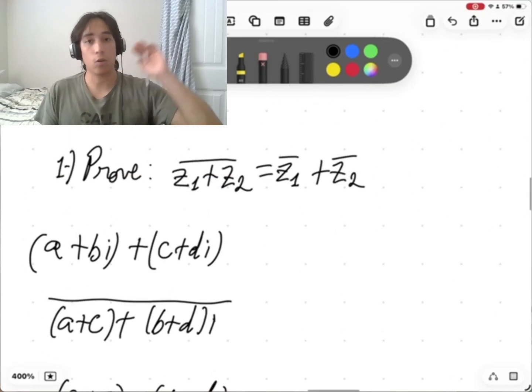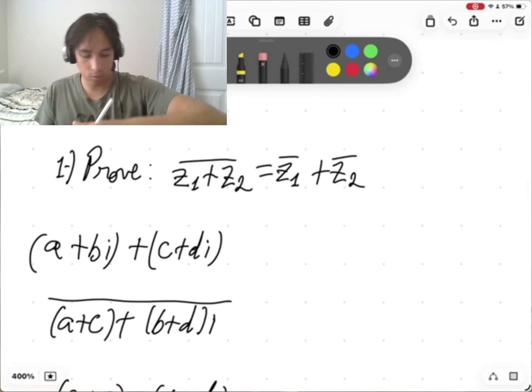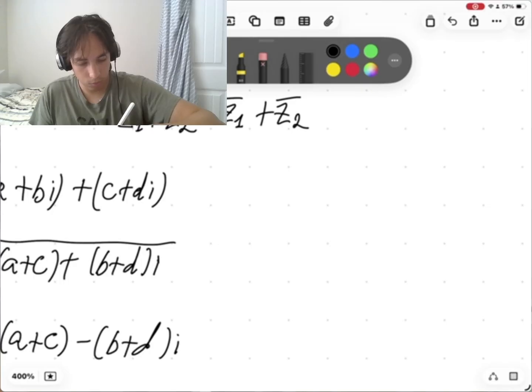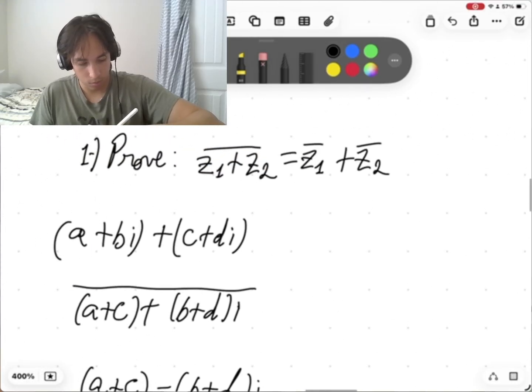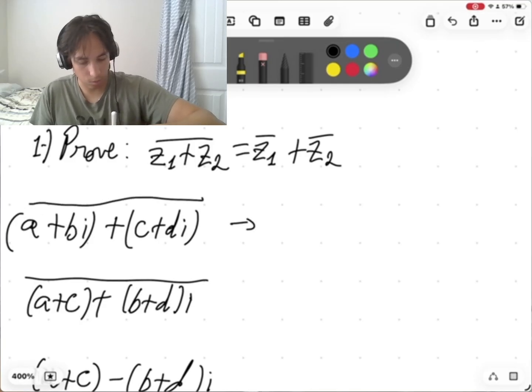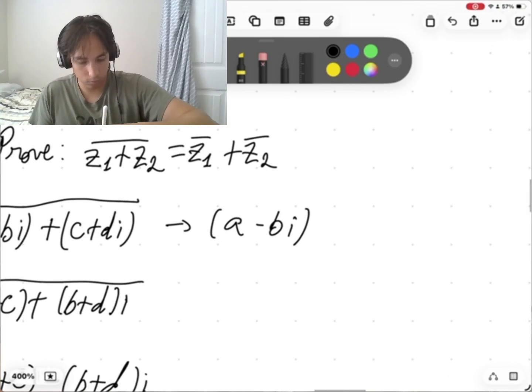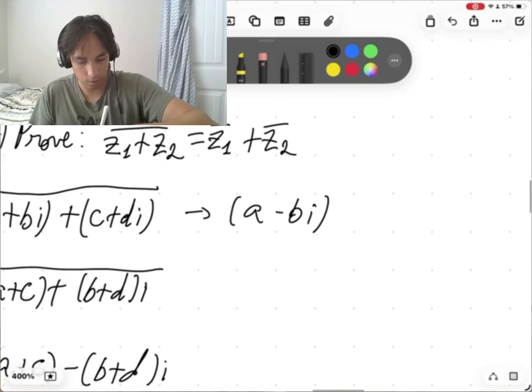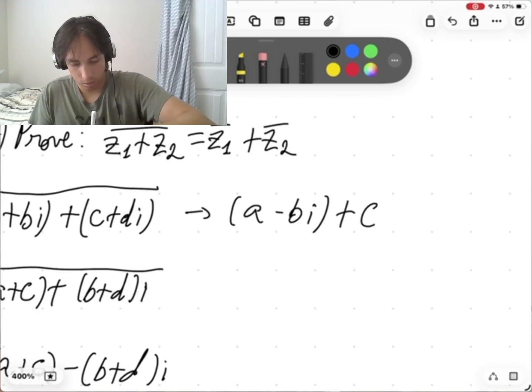So we can also go from the complex conjugate of z1 and z2, to the complex conjugate of each. So a minus bi plus c minus di.